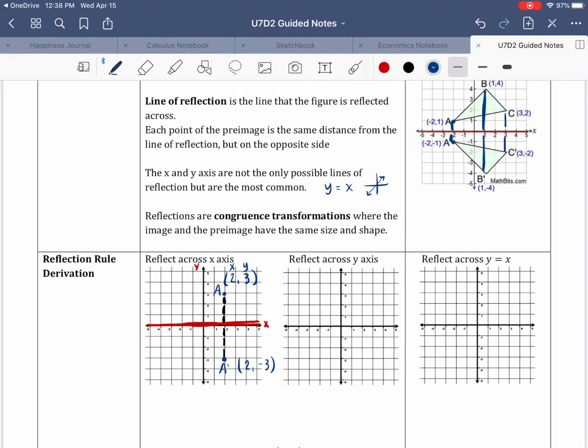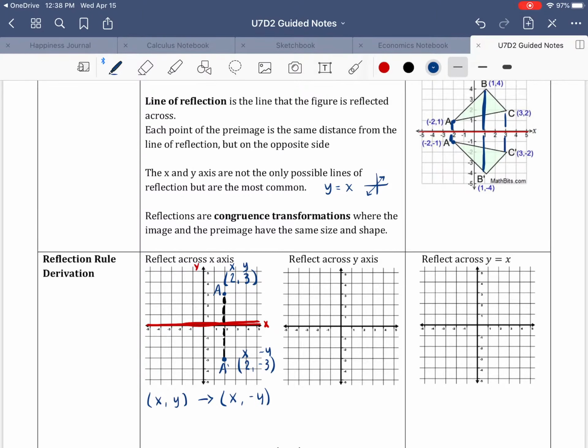Now, what you can recognize here is that our x value stays the same, but our y value becomes negative. And that's always going to be the rule if it reflects across the x-axis. Any coordinate point on your geometric figure, x, y, will then become x, -y.